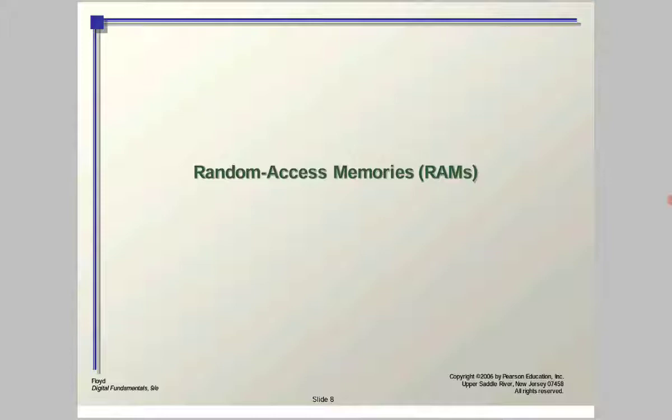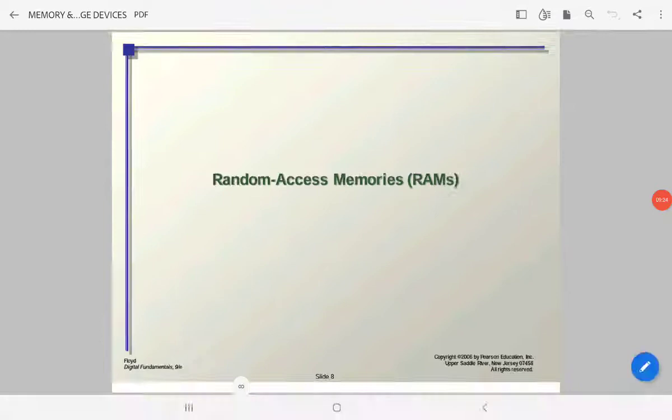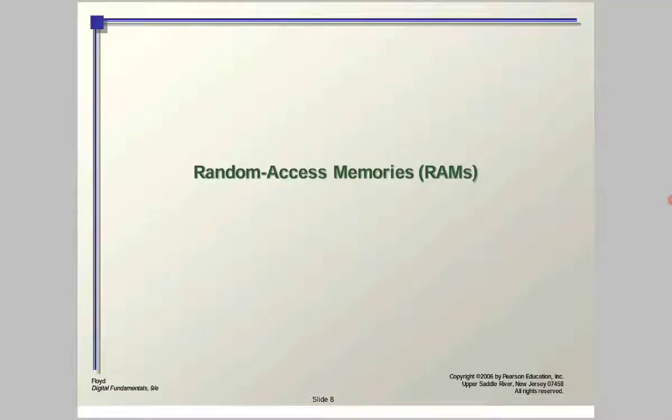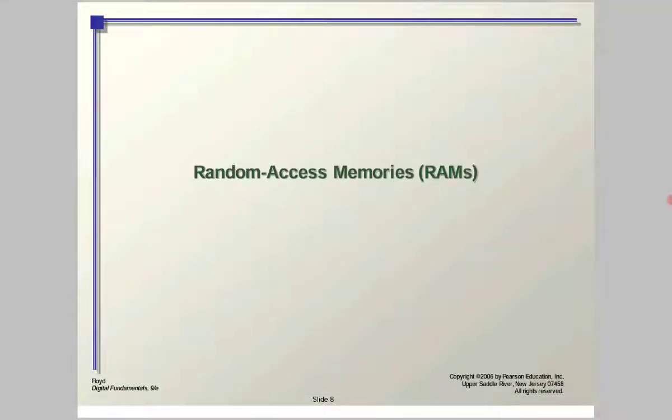So memories are basically two types, primary memory and secondary memory or auxiliary memory. Primary memory is also called the main memory of a computer, and it is very high speed, very costly, and limited memory.